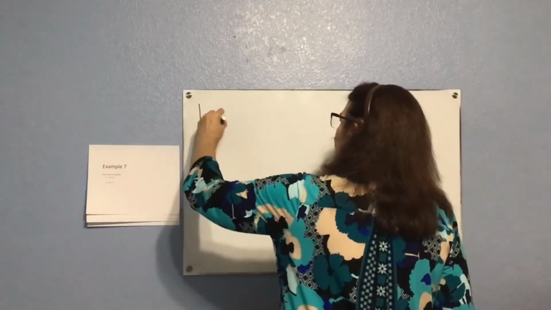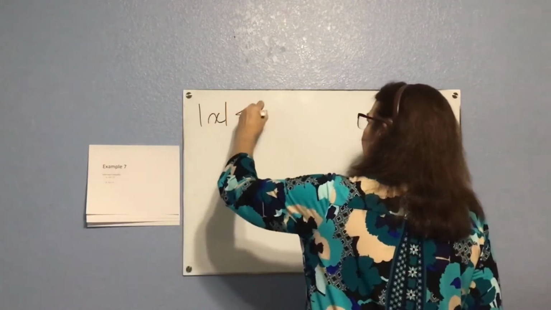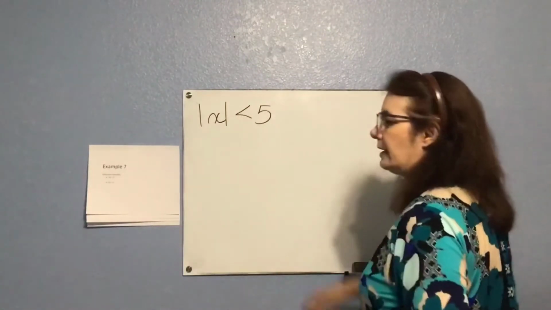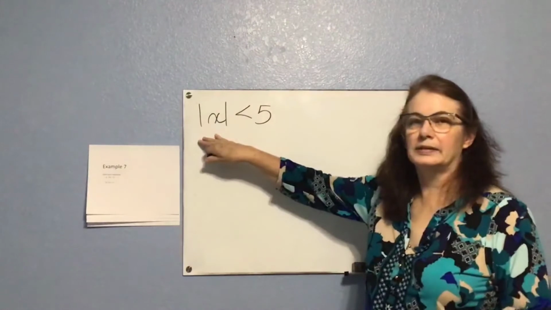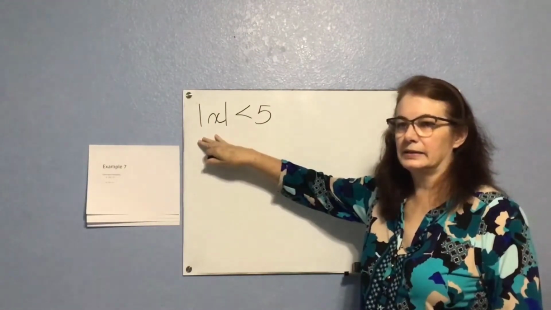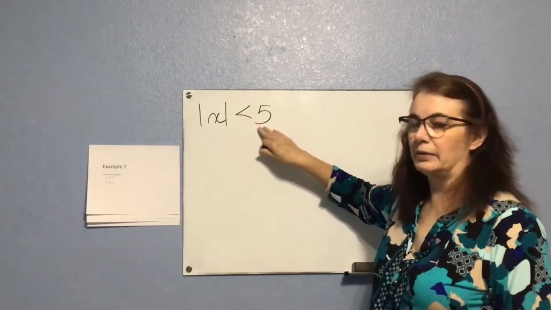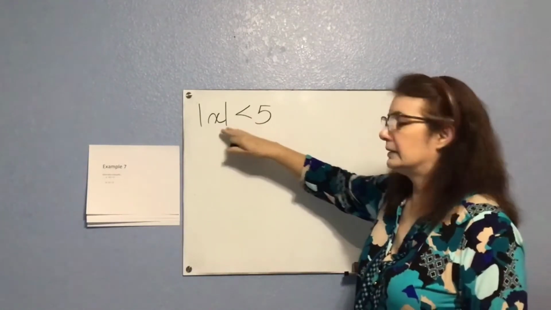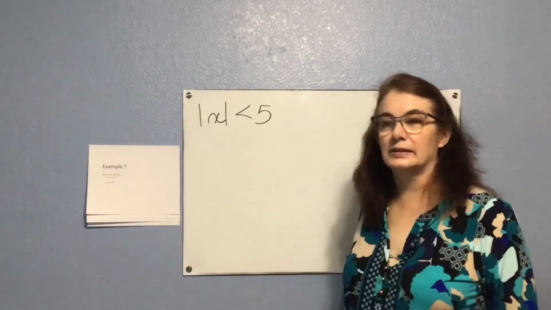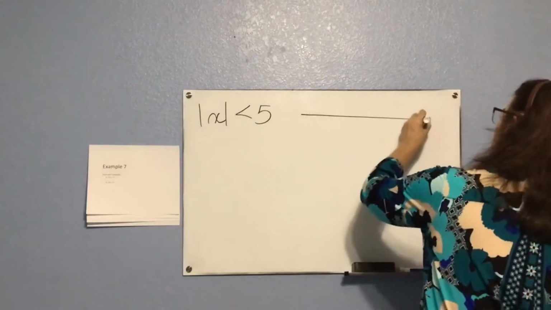When I have the absolute value of x is less than 5, sometimes it's helpful for me to think about this absolute value as a distance. So I could say the distance is less than 5. Well, distance from what? There's nothing else here, so I'm going to say the distance from 0. Sometimes it's helpful to draw a number line.